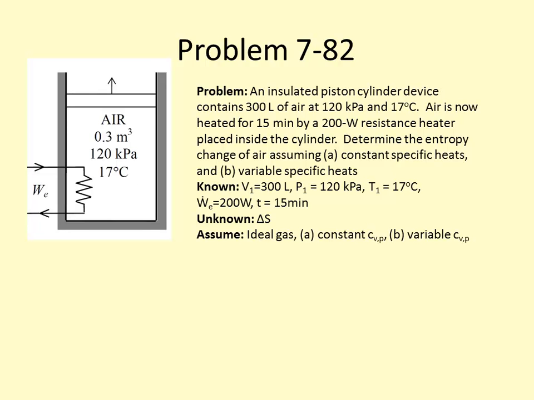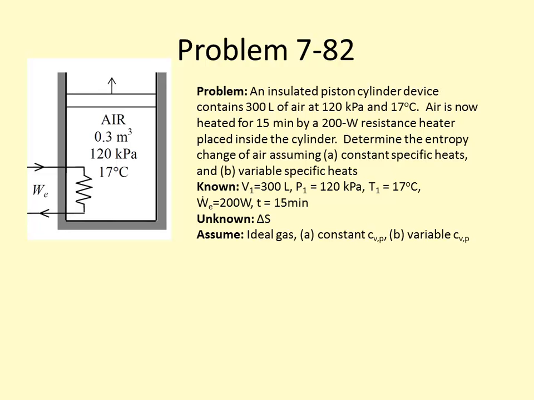So our electrical work is equal to M times H2 minus H1. We can rewrite this also as C sub P times T2 minus T1. So we can solve for T2 is equal to T1 plus this electrical work divided by the mass times C sub P.